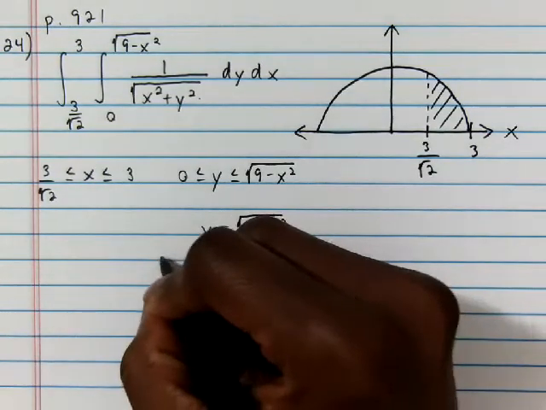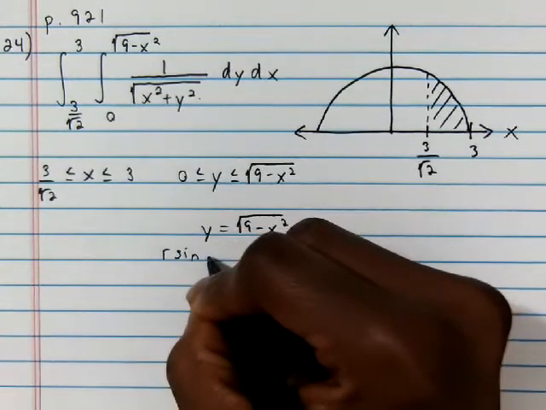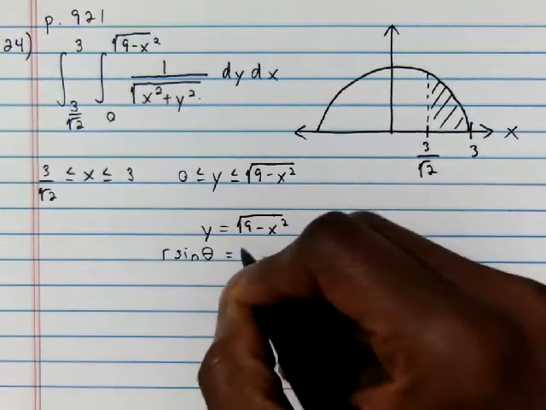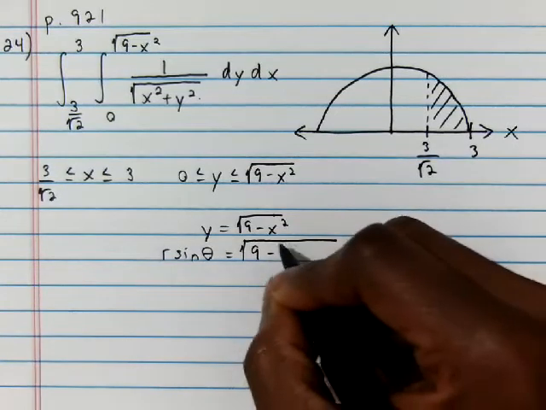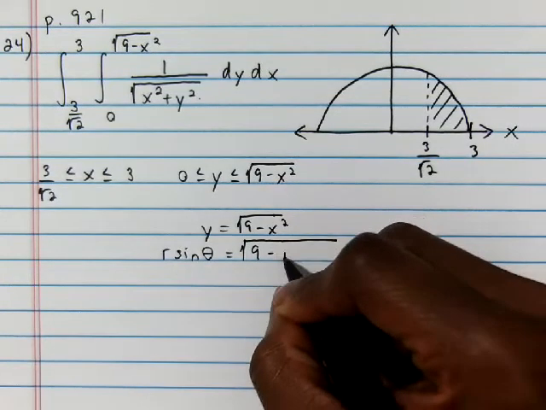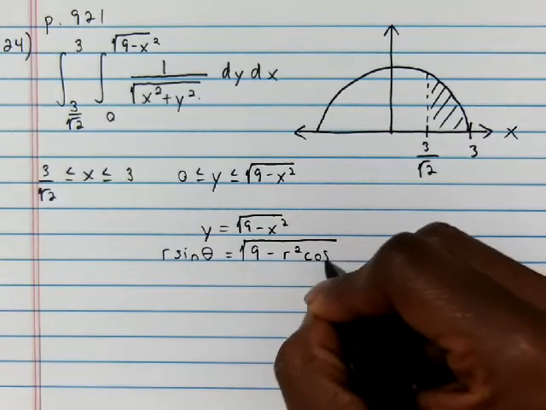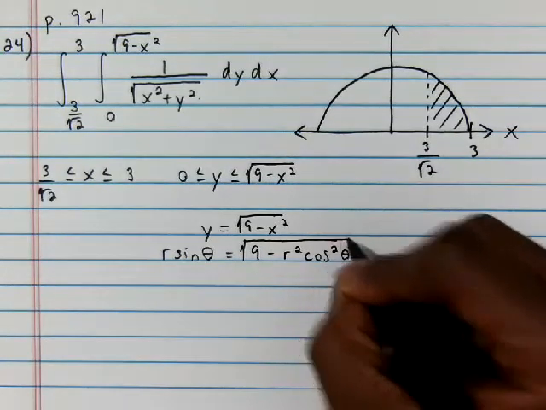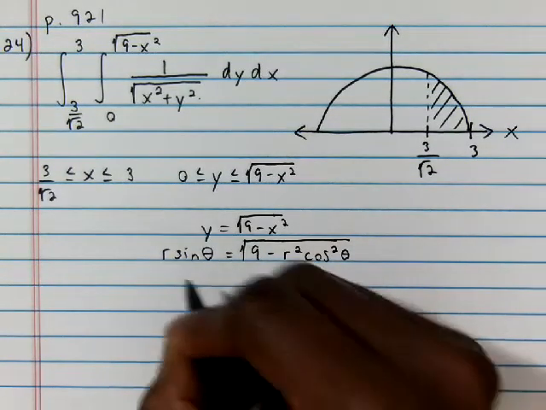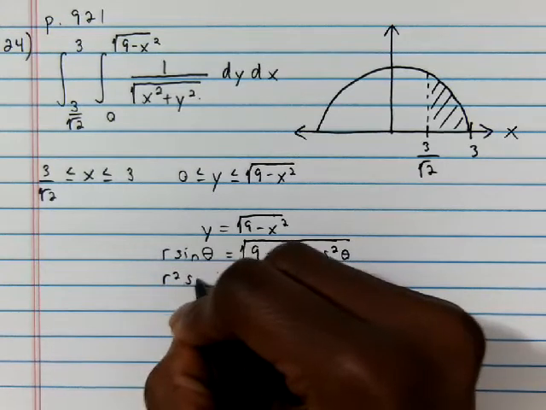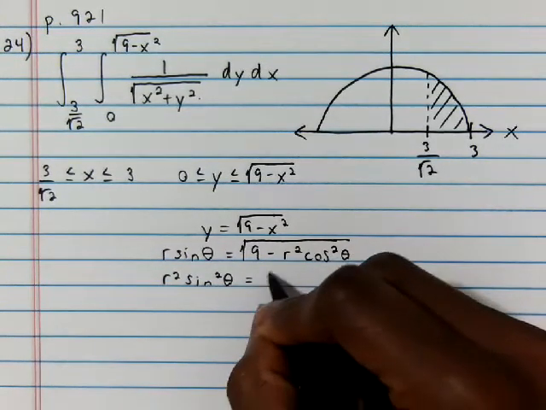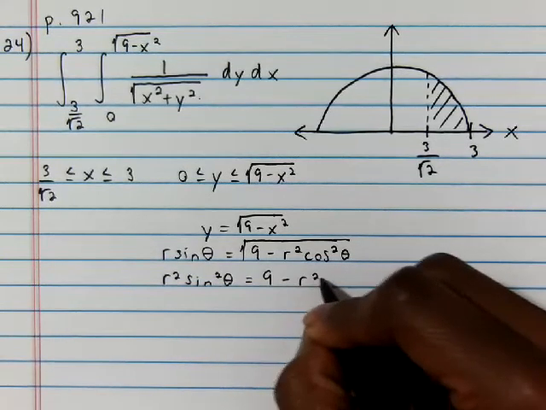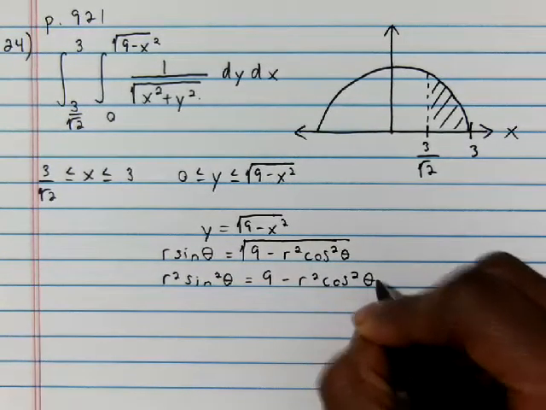So here, y is equal to r sine theta equals the square root of 9 minus r squared cosine squared theta, where x is r cosine theta. And we square both sides of this, and we end up with r squared sine squared theta equals 9 minus r squared cosine squared theta.